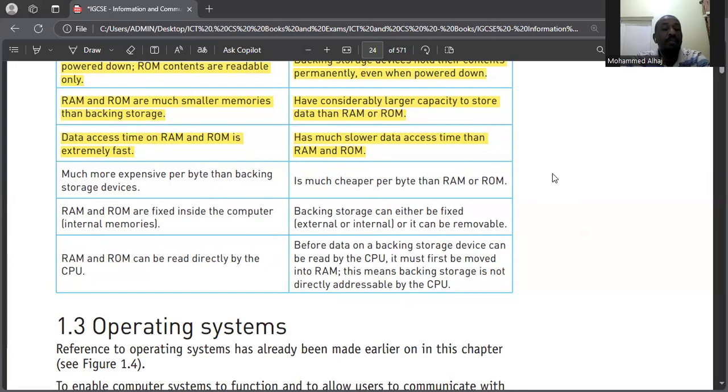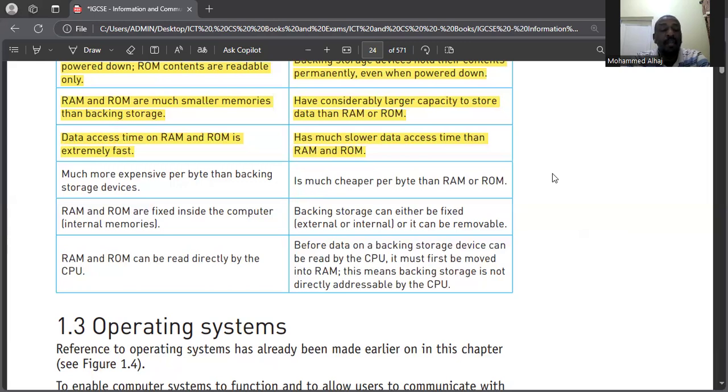RAM and ROM can be read directly by the central processing unit, which is a very important point because they are directly connected to it, whereas backing storage like hard disk and SSD drive are not directly connected.